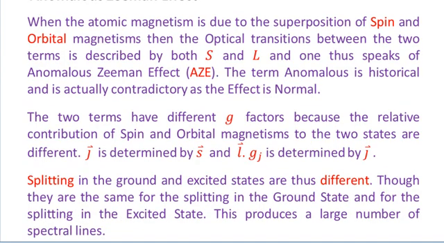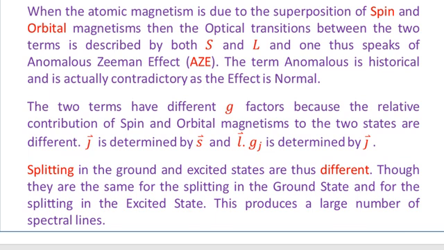The reason is that the splitting space between the ground levels and the splitting space between the levels corresponding to the excited states are different due to different values of Gj. And this Gj value is different because the J value could be different. And this J value is different because the spin magnetism and the orbital magnetism are different for the ground states and for the excited states.